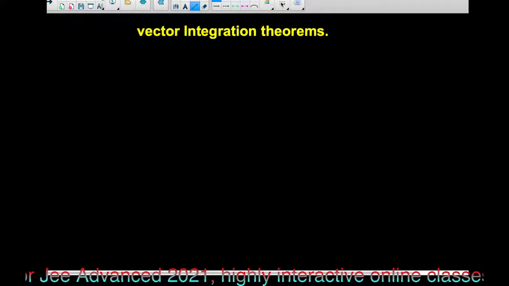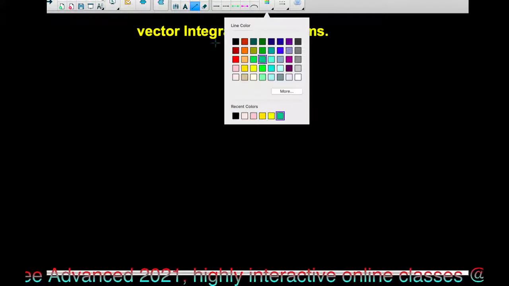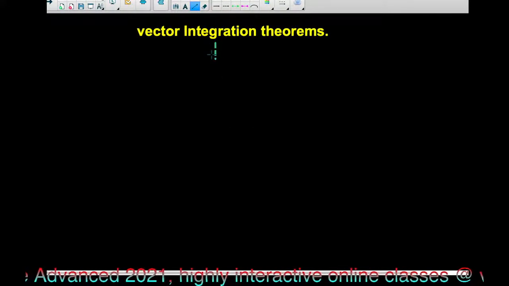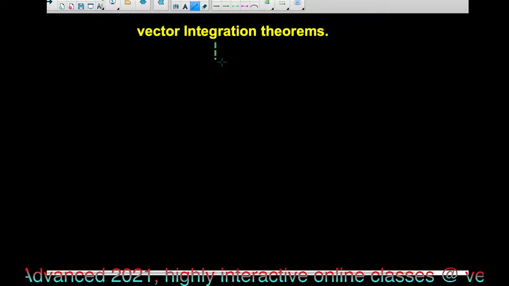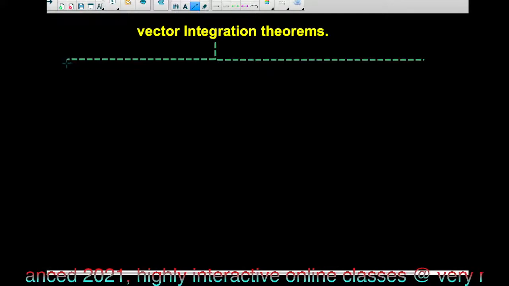If you see over here, in vector integration theorem there are some main theorems. There are three types of theorems.